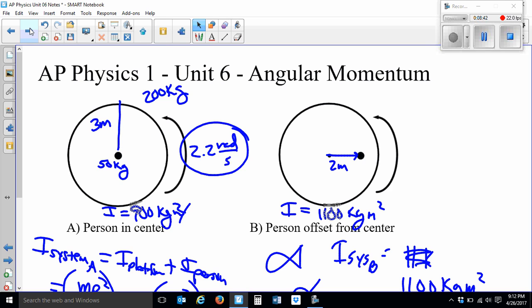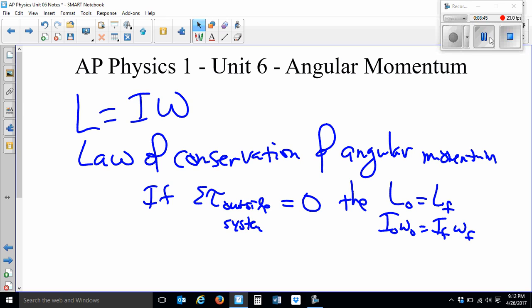So one of the biggest ideas that has shown up on the test that we've seen is this idea of angular momentum, which is represented with the letter L. It is equal to I, that moment of inertia, times omega, your angular velocity.